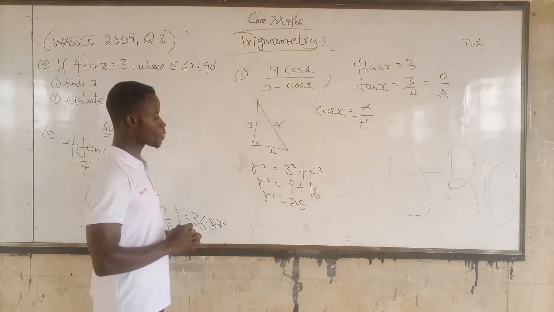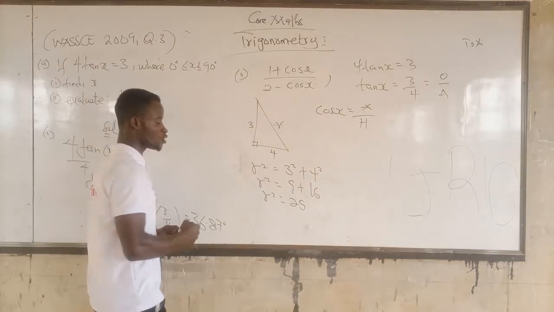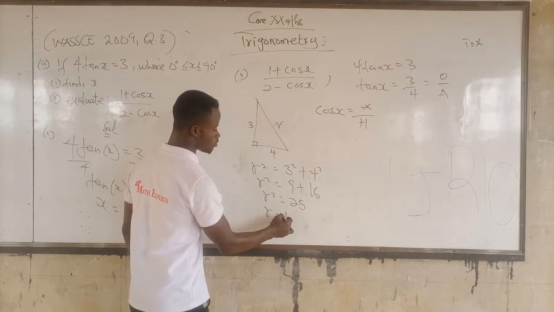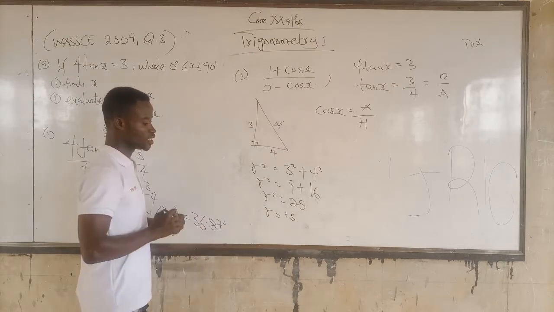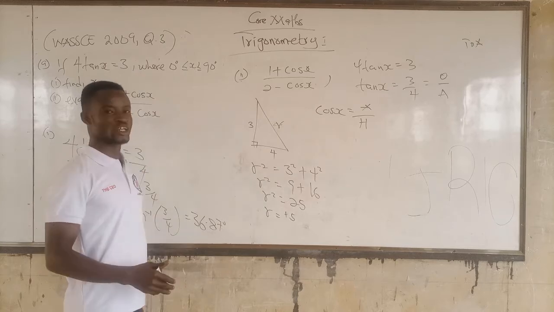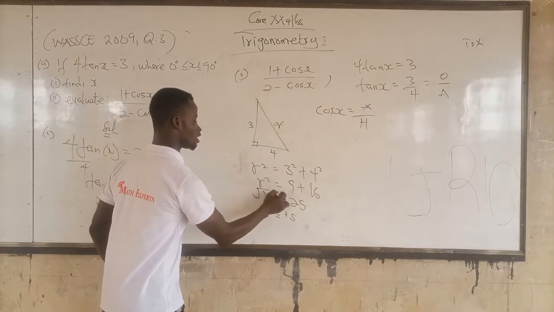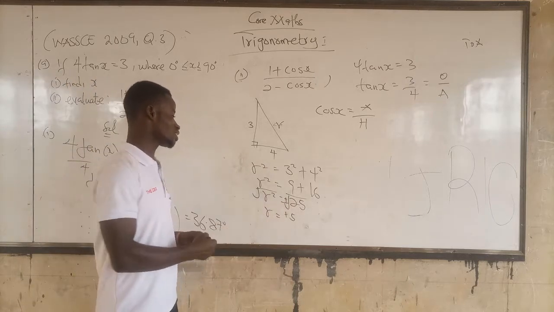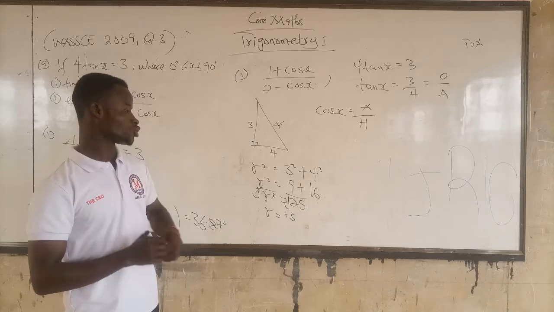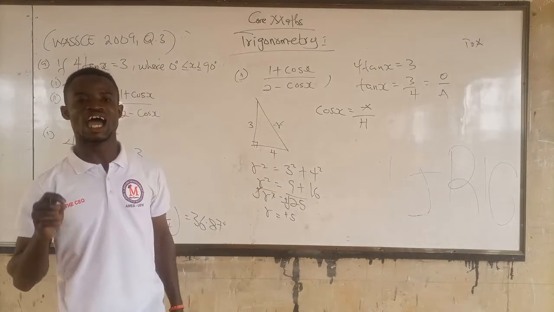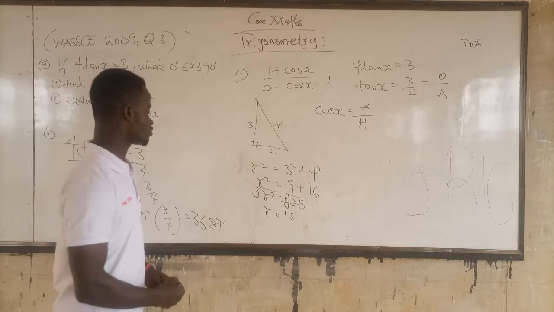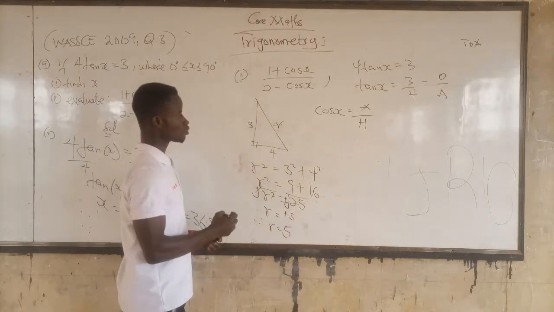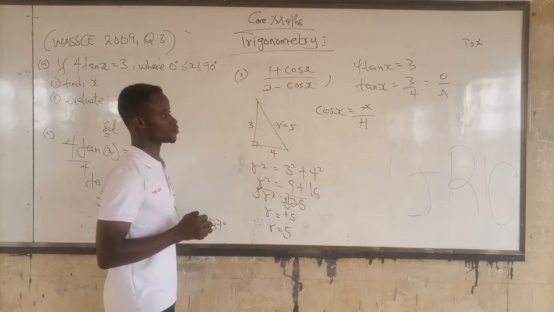When you take the square root of both sides, you get r equal to plus or minus 5. But a hypotenuse can never be negative. Therefore, r is equal to 5. So we have r to be 5.